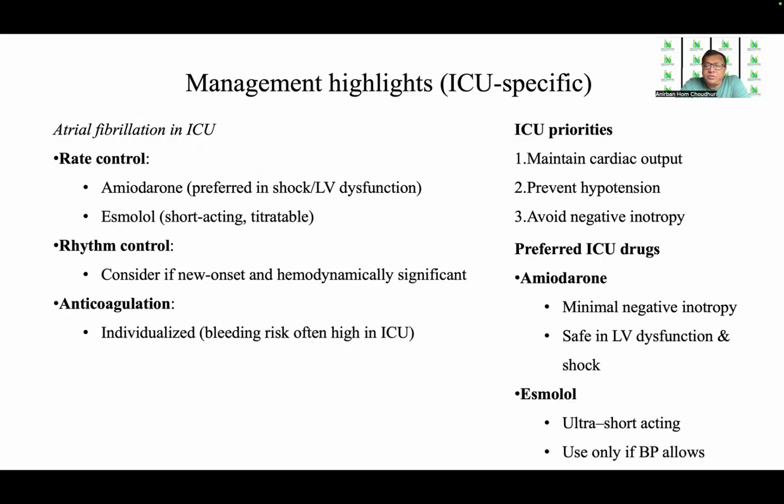So the preferred ICU drugs include amiodarone, which has minimal negative inotropy and which is safe in LV dysfunction and shock. Esmolol is the other drug in rate control, which is preferred because it is ultra short acting. But as I mentioned before, it should be used only if there is no hypotension.